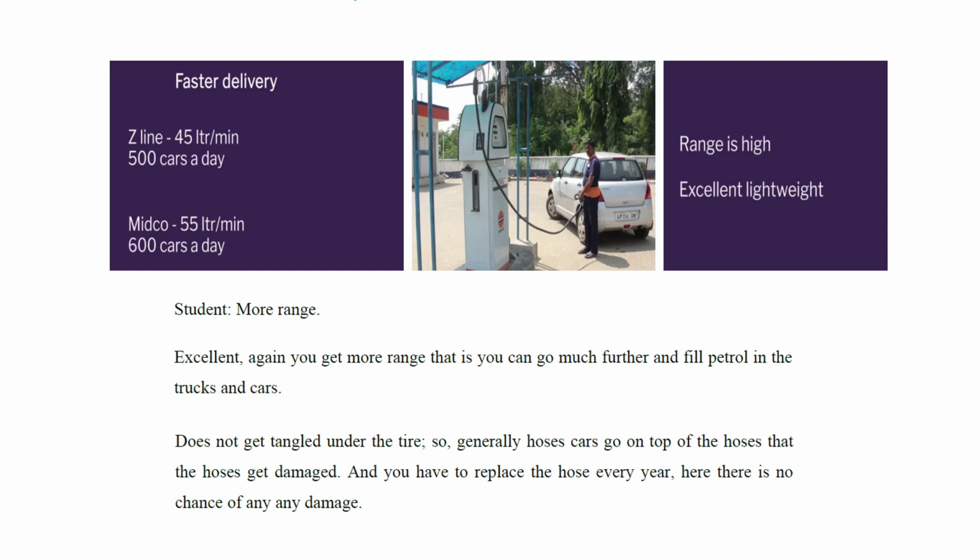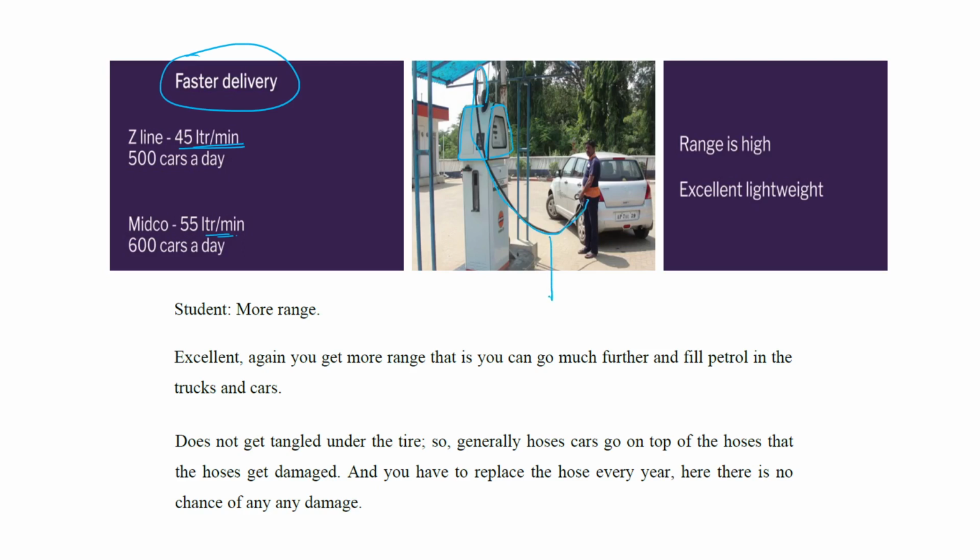So we are talking about faster delivery, which means the Z lines were delivering 45 liters a minute, while the new pump was delivering 55 liters a minute. So there was a faster delivery. That's very true. See, we are talking about this bullet. It's shaped out of a bullet, and it is coming from the top.